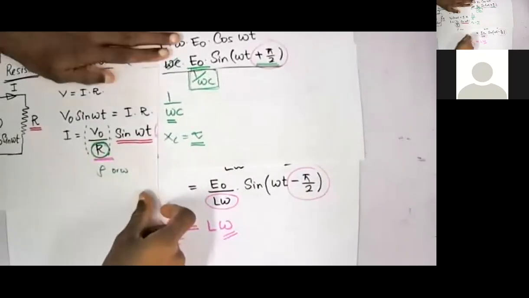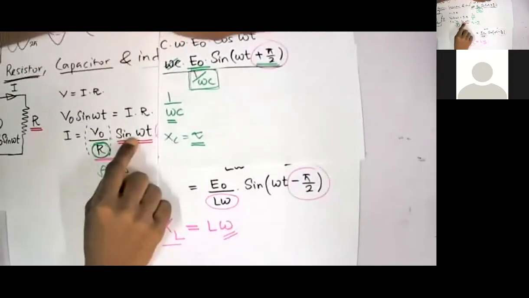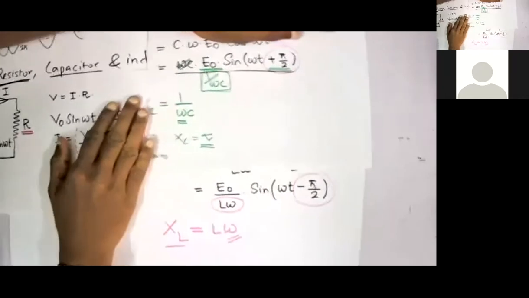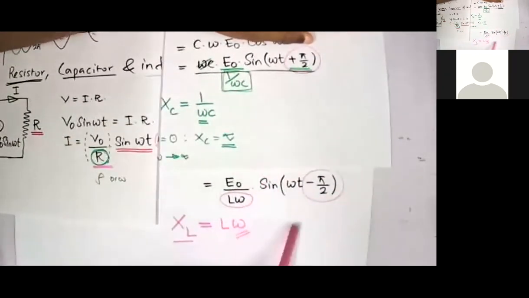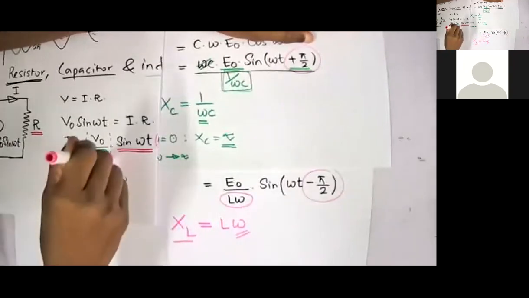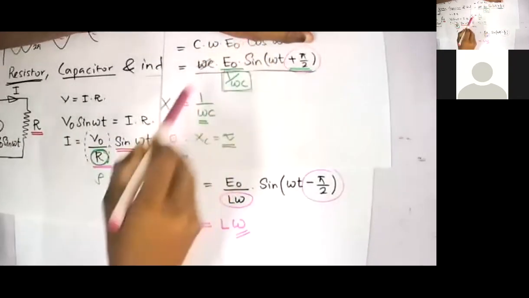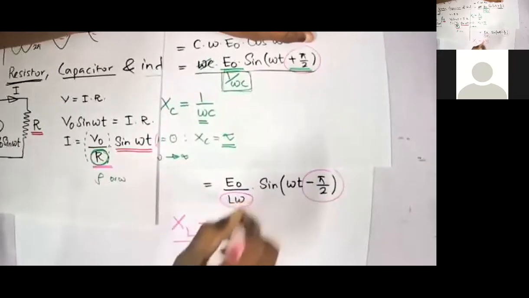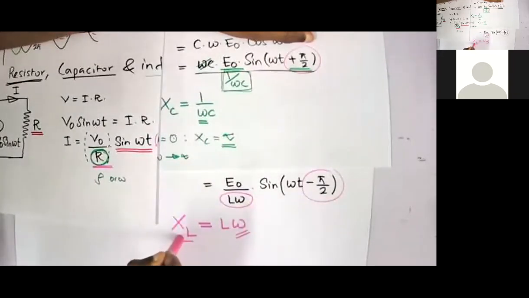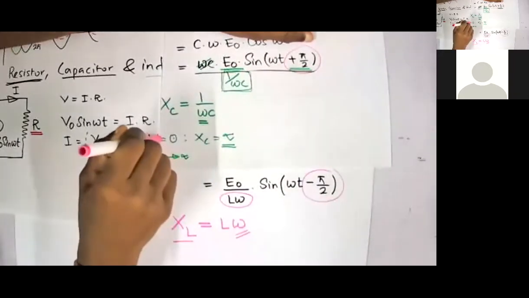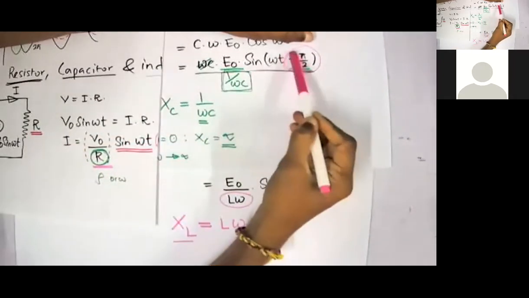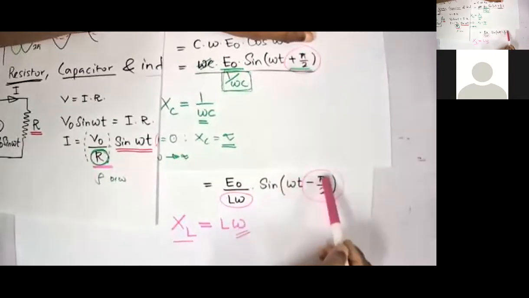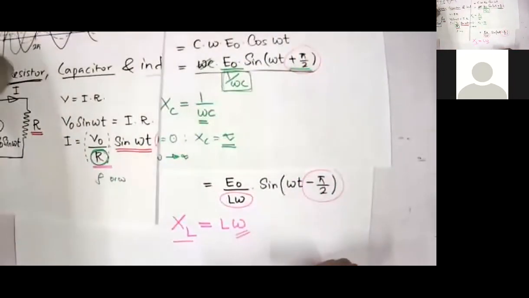Can you see the three equations? So here we have R, 1 over omega c which is XC, and L omega which is XL. Here we don't have any phase shift, just omega t plus 0. Here plus pi by 2. Here minus pi by 2.